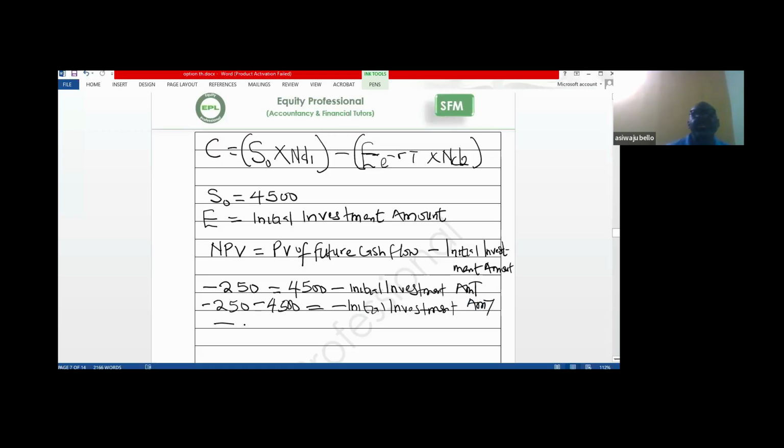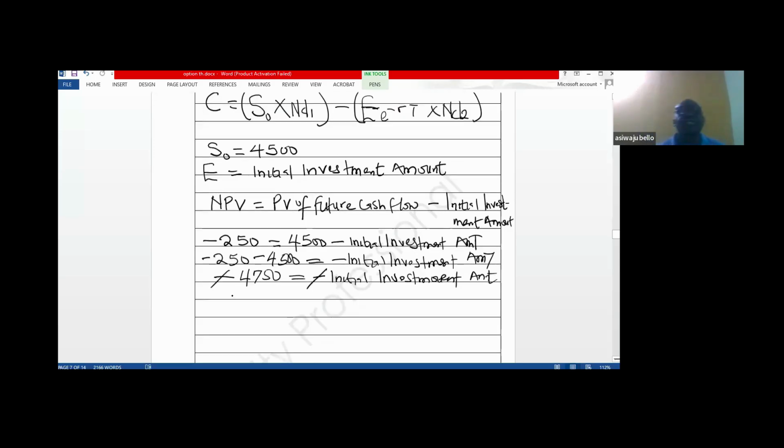This will give me negative 4,750 is equal to negative initial investment amount. We cancel the negatives. That means my initial investment is 4,750. Your capital letter E is 4,750.